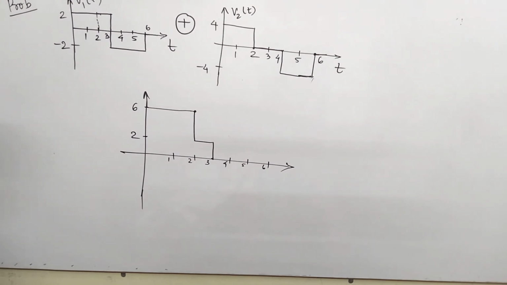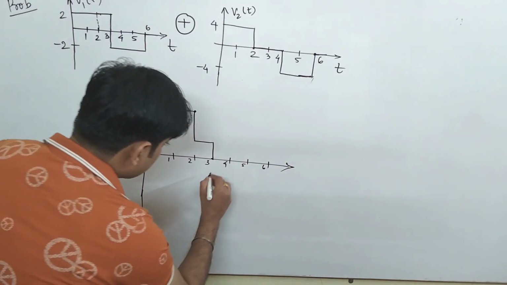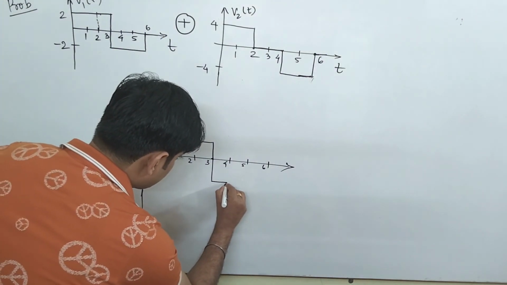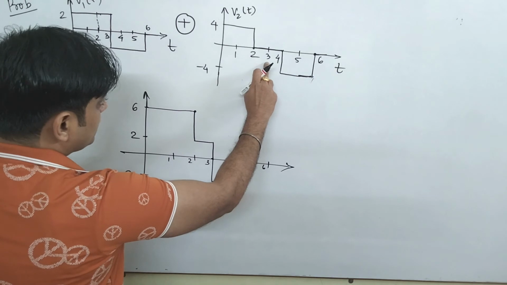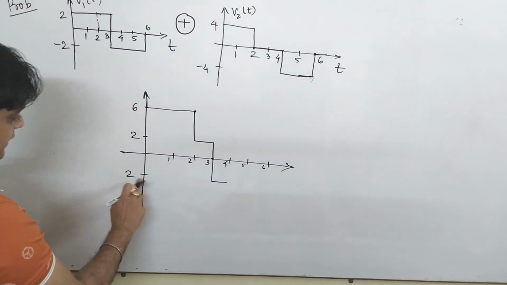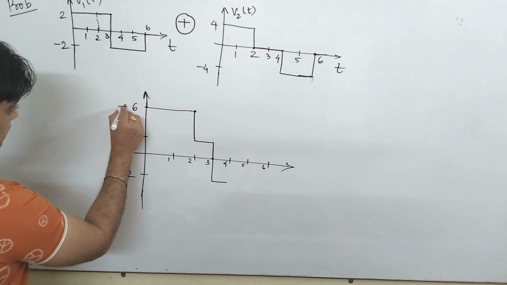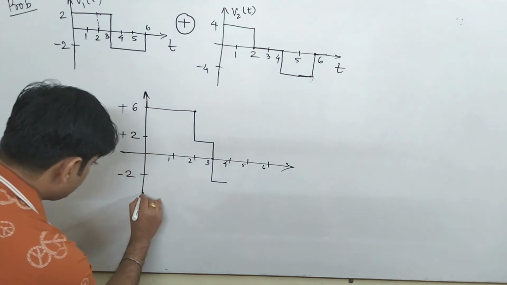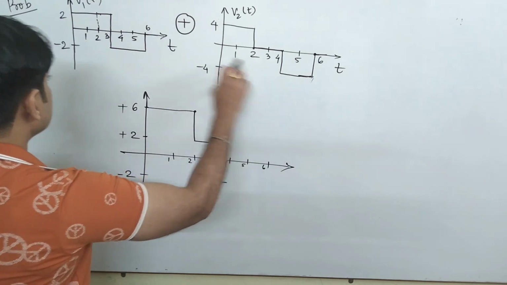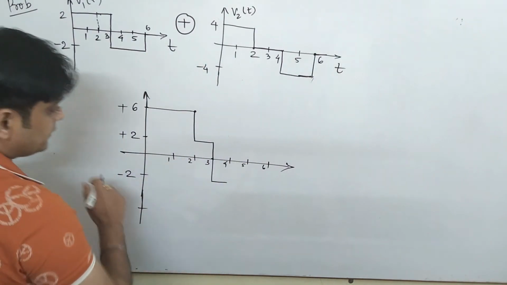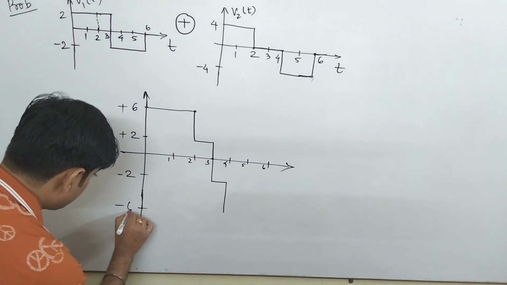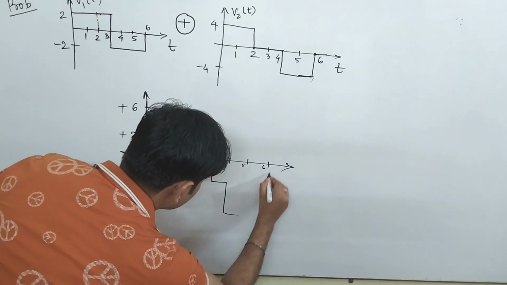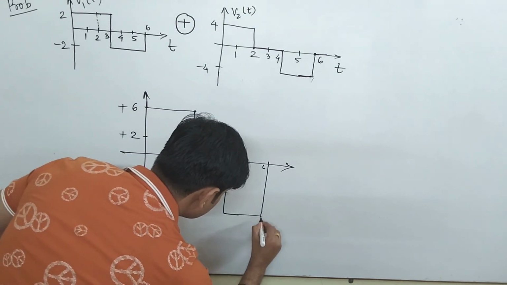Now when we go further, this value again reduces to a value of 2. See here, from 3 to 4 it is 0, but here from 3 to 4 it is minus of 2, so that comes to be minus of 2. Okay. Now this value is again added, minus 4 and this minus 2, from 4 to 6. So now it will go to minus of 6, and it is in this manner.